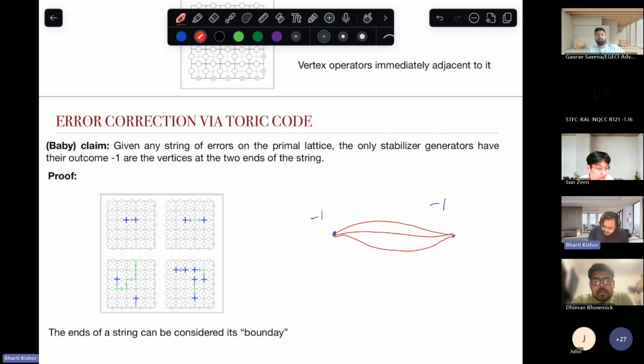But let's say an error has occurred here and here; now you know that the error is here and here, but it is a string of errors. Now there are many paths which connect this qubit and this qubit. So for example, here the actual error was like this, and because it's a periodic boundary condition, it's like this. But then another possibility could have been like this. There can be many different possibilities.